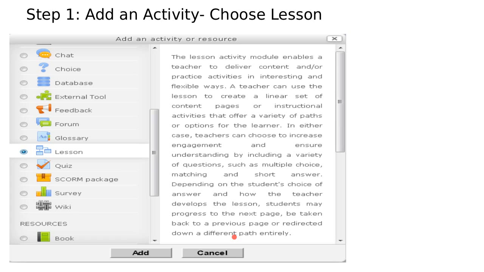So here, obviously, in step one, you add an activity, you choose a lesson right here. And it's nice that the lesson tells you what you can get if you choose a lesson. And again, it can be a very big decision tree.